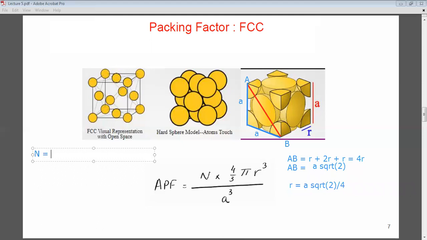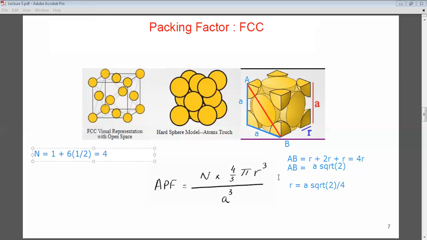Remember, I have all 8 corners occupied by only 1, so that's 1. Then I have all 6 faces sharing only half of them, right? Because the other half is taken to the other side. So I have 1 plus 3, and that's 4.